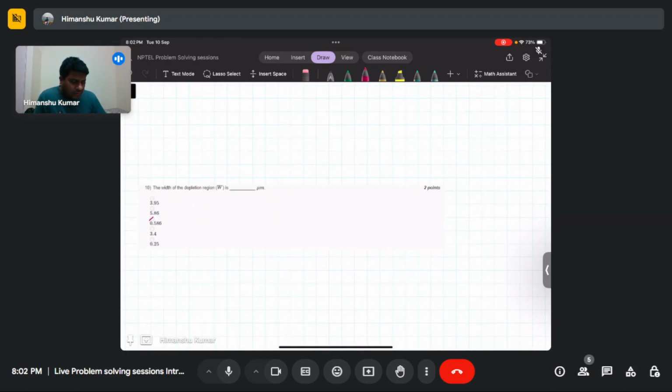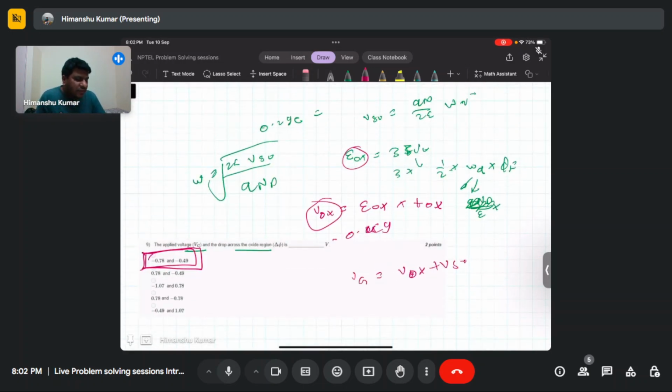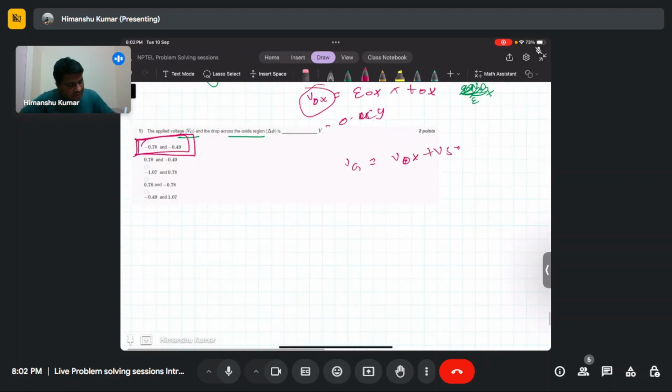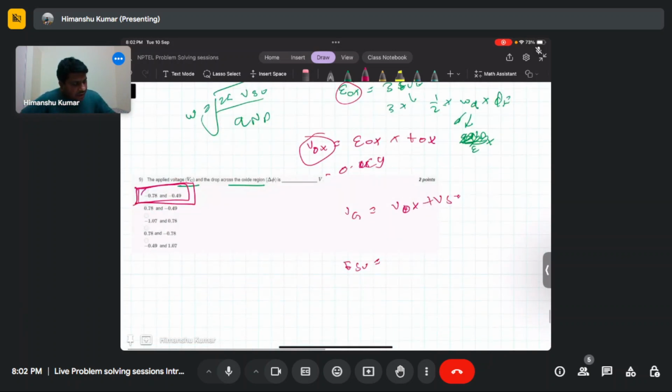So the depletion width, as we can calculate here from the field value. So basically E of Si is equal to half of the... no, just wait.